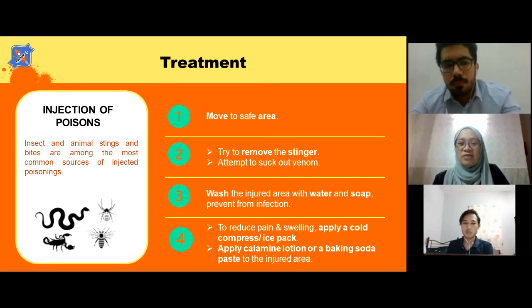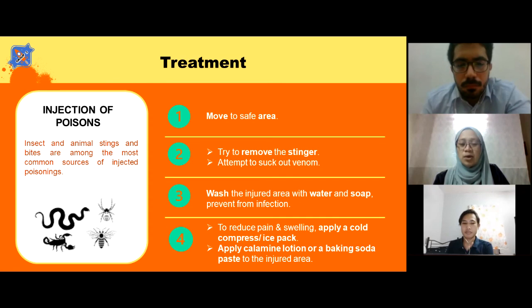If we have the experience, we can try to suck out the venom. Then, try to wash the injured area with water and soap to prevent infection. And last one, if pain and swelling happen, try to apply a cool compress or ice pack. And also, we can apply calamine lotion or a baking soda paste to the injured area. I pass the next presentation to my friend.